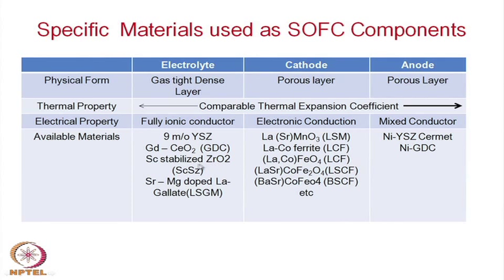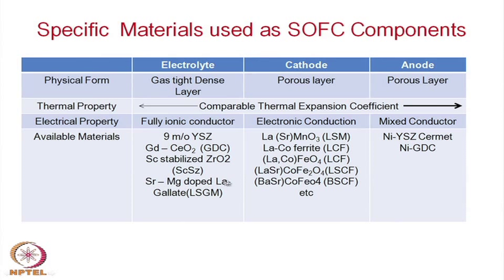Scandium stabilized zirconia, ScSZ, that can be used as an electrolyte, because it has a much higher conductivity compared to this one, but it is very costly and availability of scandium is also quite limited. So, there is some problem, otherwise in principle it can be used from the points of view of their properties.